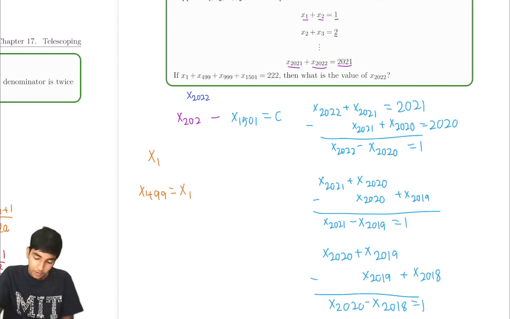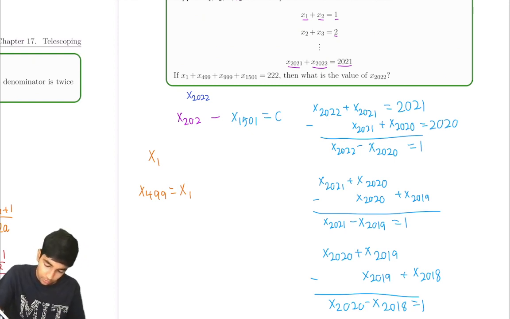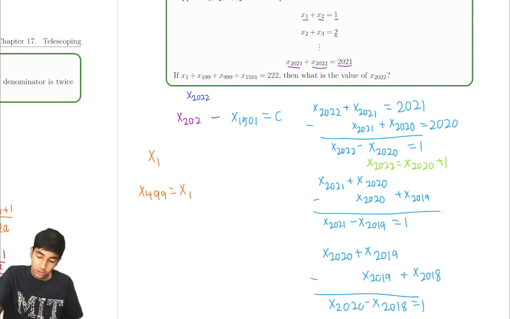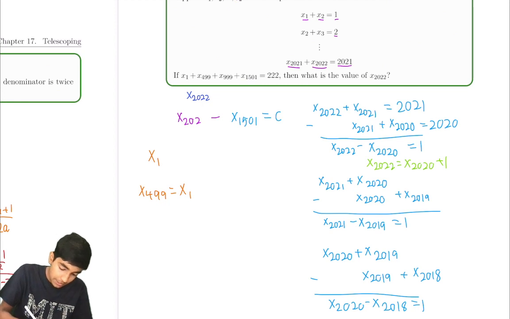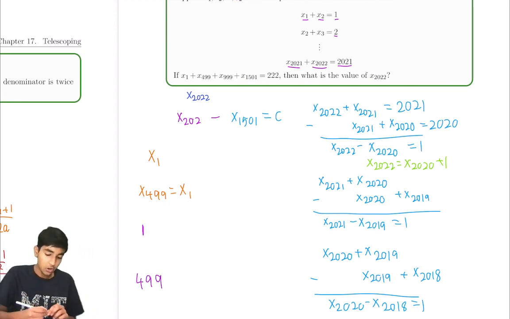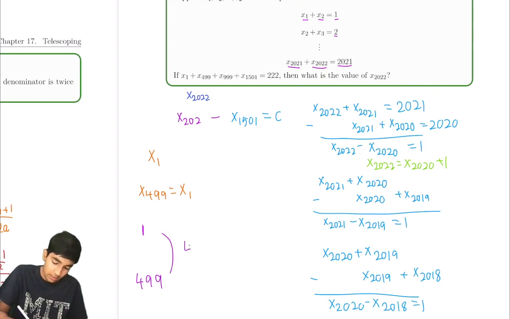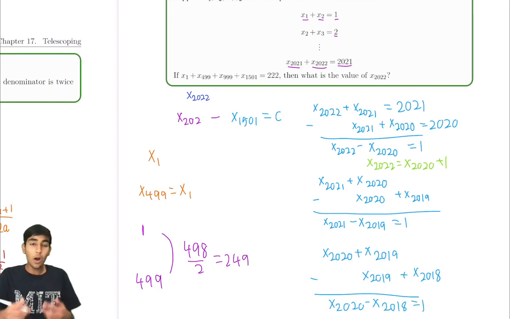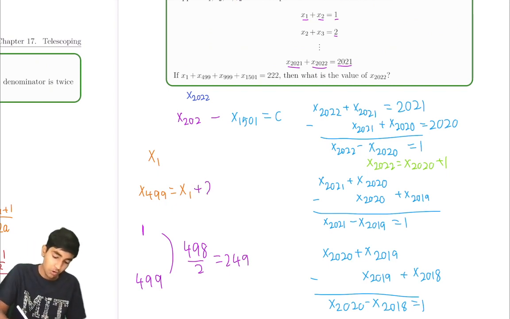Notice how from this first equation we have x of 2022 equals x of 2020 plus 1. So essentially, if you increase your subscript by 2, the value goes up by 1. How many times do you have to go up by 2 to get from 1 to 499? The difference is 498 divided by 2, that's 249. You go up by 2, 249 times, so this is x of 1 plus 249.